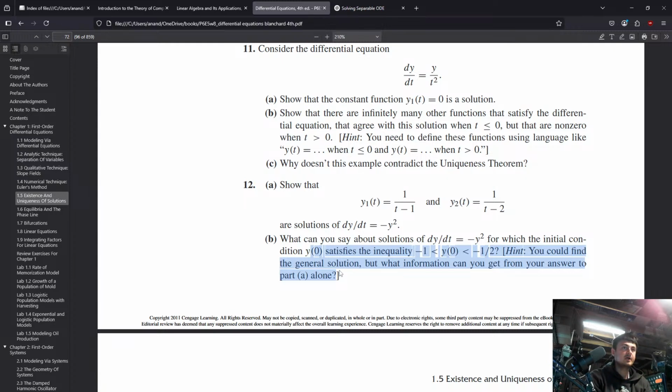Okay, all right, I can do this one. This one's easy. First off, we're going to show that they're solutions. So y1 of t is equal to 1 over t minus 1, and y2 of t is equal to 1 over t minus 2. We have to show that they solve dy/dt equals minus y squared.